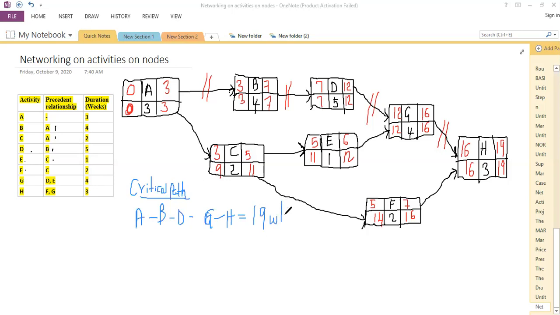And so by definition, all these activities we have defined in our critical path, they are critical activities.